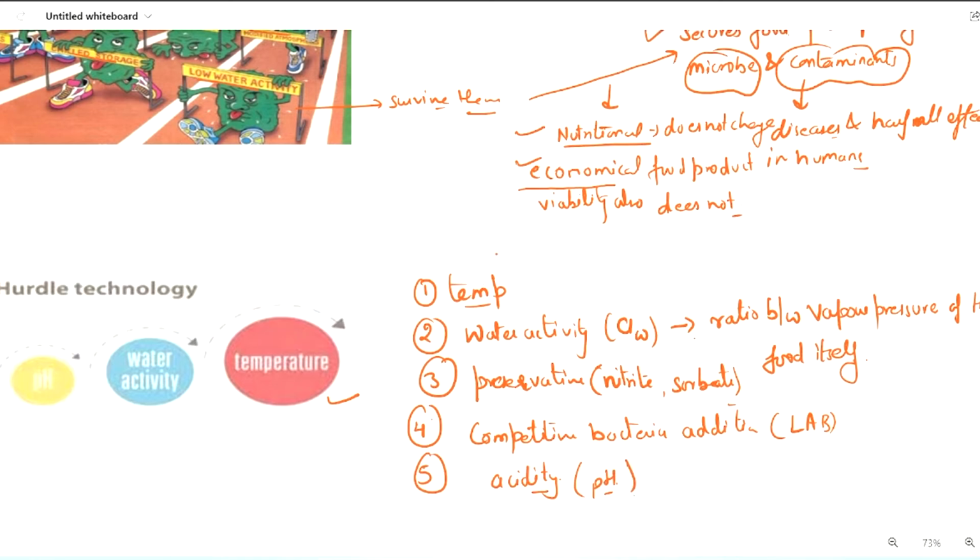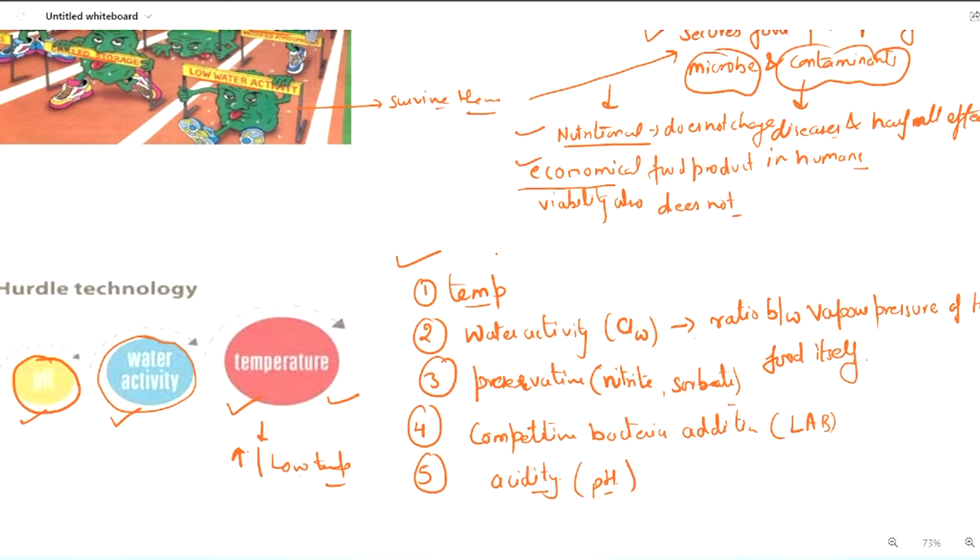In the same way, another hurdle is acidity, which maintains the pH of the food products. So all these are the basic hurdles. As you can see in this image, first we give the pH treatment to the food material, then we maintain the water activity, and then we maintain the temperature. It can be a high temperature or a low temperature treatment, right?